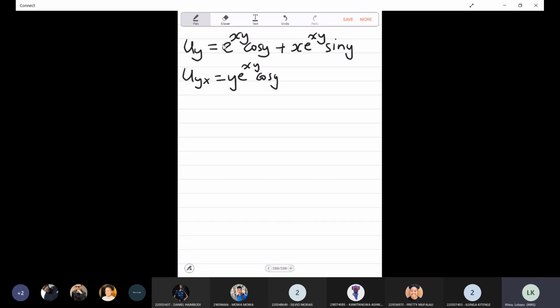Okay, and then for differentiating this one here, we have to use the product rule, but the product rule is only with that part. So this sine y you treat as a constant. So you have sine y here, and then the derivative of x e to the power of xy.